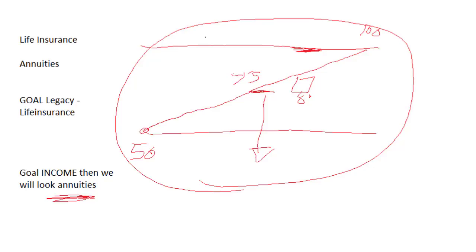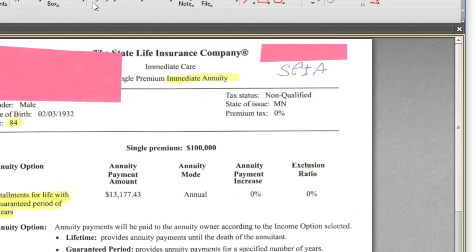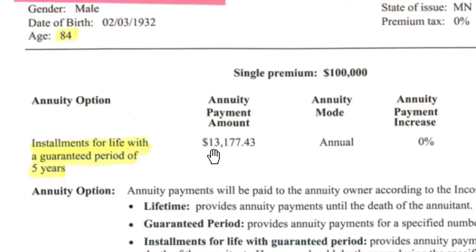I'll show you another illustration. Here's a man that is 84. He now gets $13,177 every year for the rest of his life. It'll never go away. It's a guaranteed pension that he has purchased by putting $100,000 into this. He gets $13,177 every single year guaranteed.